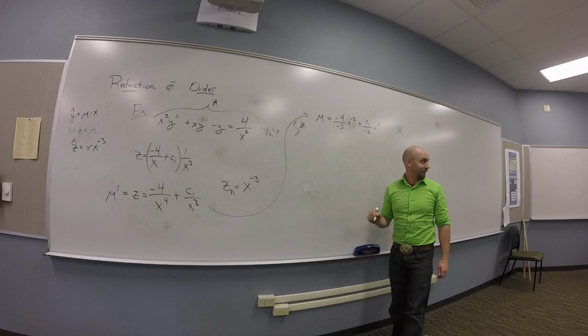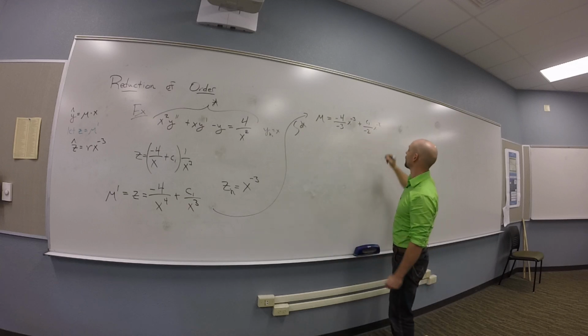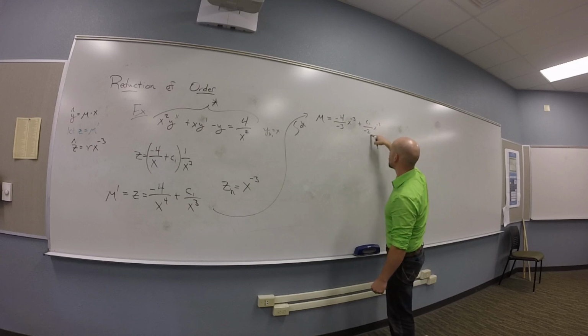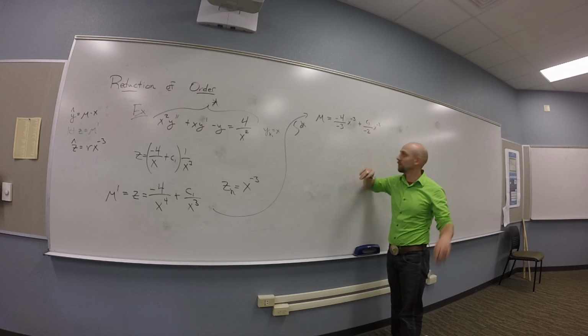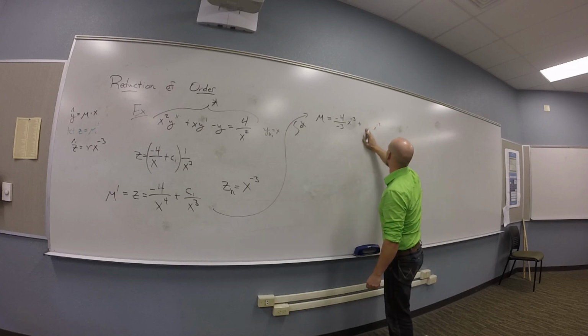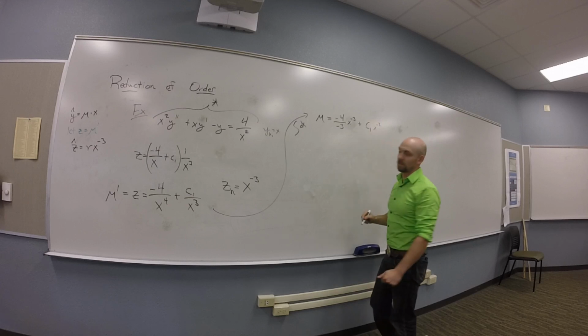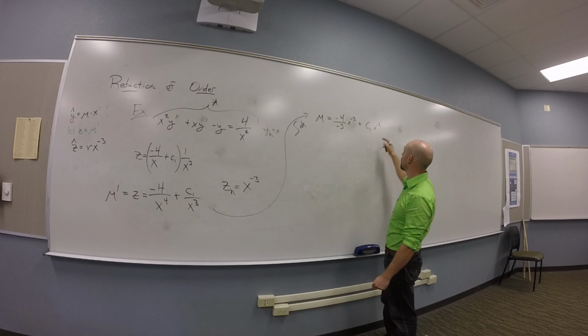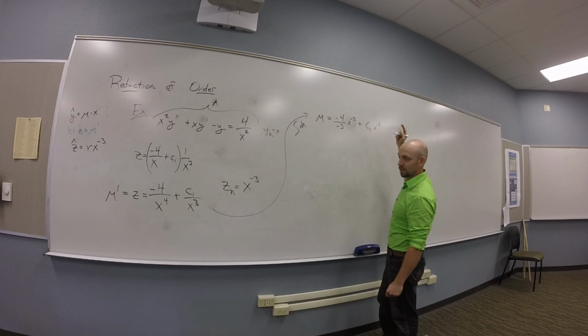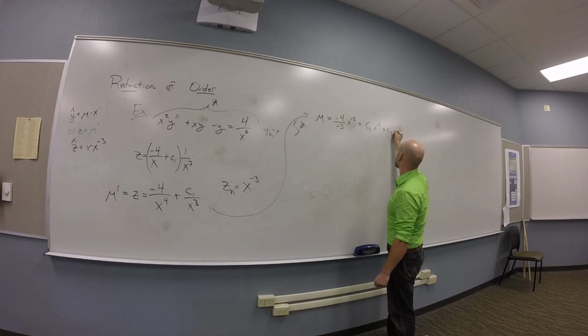So how about just C1? Really this doesn't need to be c1 over negative 2, that could really just be C1. It's a slightly different constant, but who cares? It was an arbitrary constant anyway. And then plus C2.